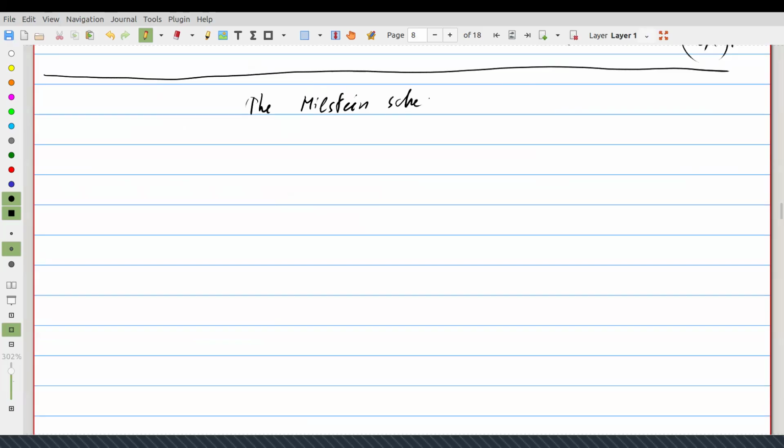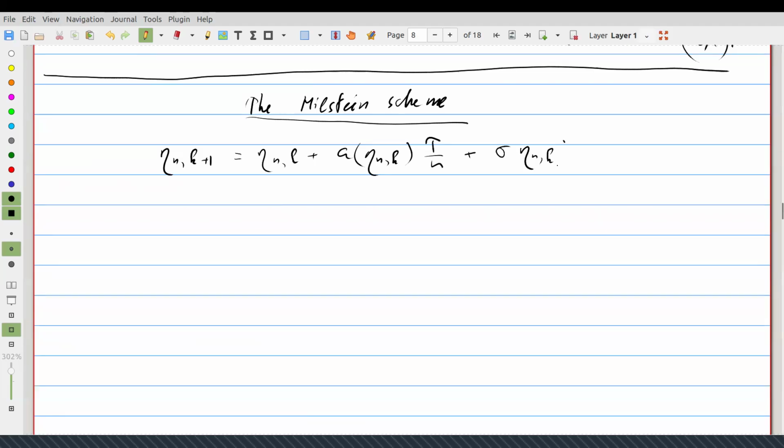So the Milstein scheme. What is the Milstein scheme? We include an approximation of the iterated stochastic integral in the Itô-Taylor expansion. By the way, I always consider time-independent coefficients because adding time doesn't change anything in the proof, it just makes them easier to write.